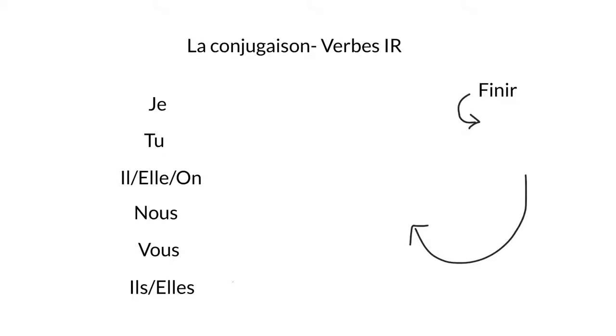Finally, we're going to move on to IR verbs, which in my opinion are the hardest, and for a long time I struggled with remembering the conjugation. So let's start by again taking it down to the root, which for finir is just fin. So for je, it is je finis. Which has an IS on the end.